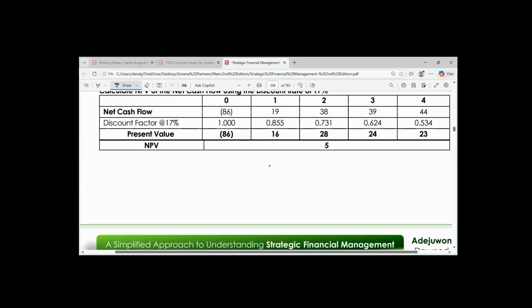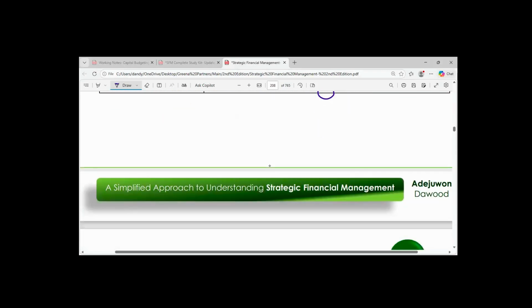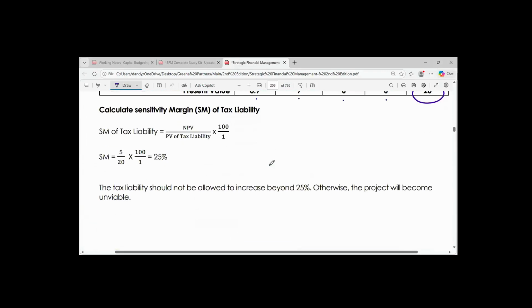The NPV as calculated, the net cash flows discounted with the 17% discount rate, gives us an NPV of 5. Therefore, the sensitivity margin of tax liability is calculated as NPV over the present value of tax liability. And that is what we have here, and it gave us 25%.